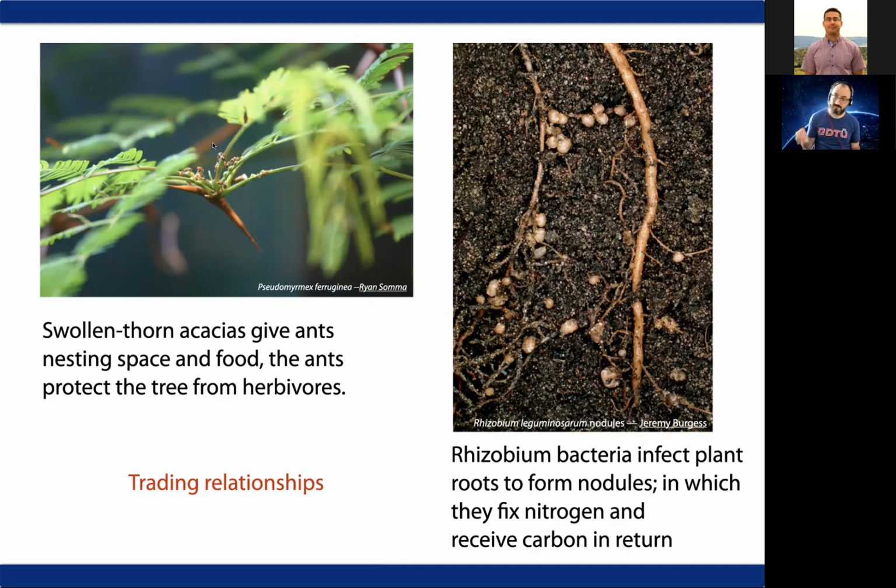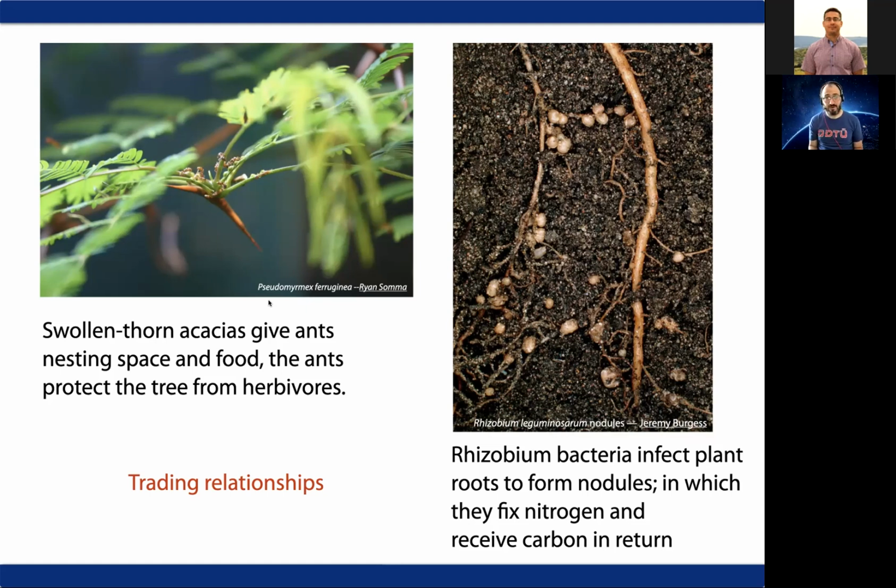And what these ants do in exchange for this housing, and also in exchange for food in a lot of these cases, is they go out and protect the plant against herbivores like caterpillars and sometimes even mega herbivores, because they can annoy a lot of mega herbivores like deer or giraffes. They can annoy them by just nibbling at their mouths while they're trying to eat the plant.